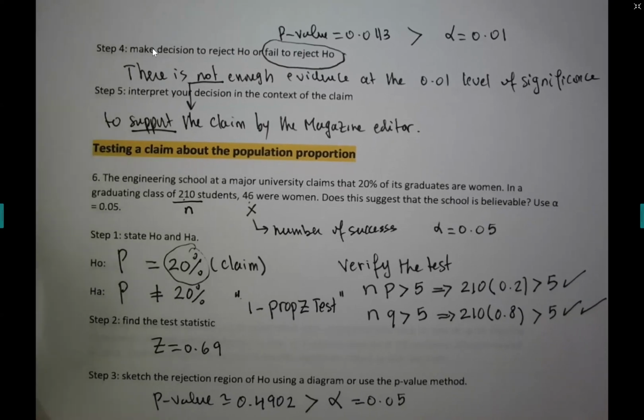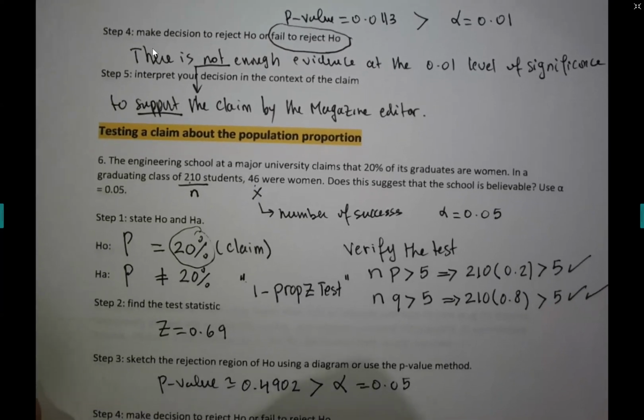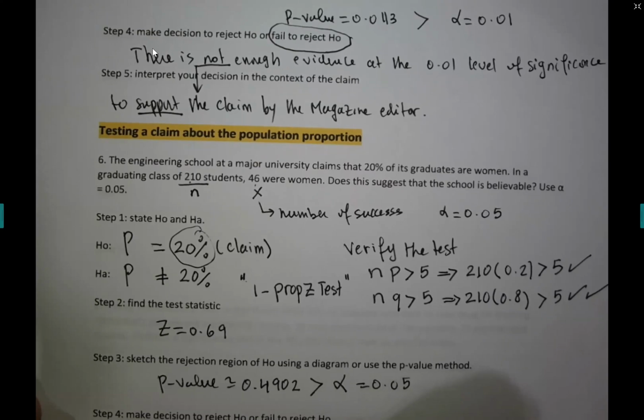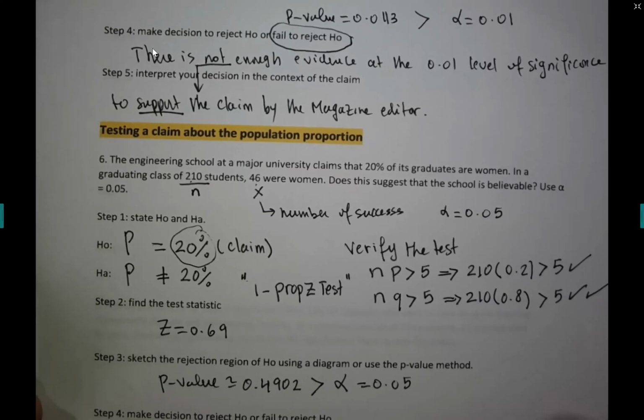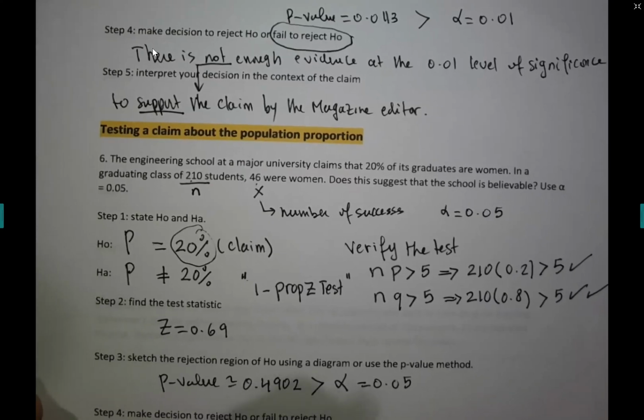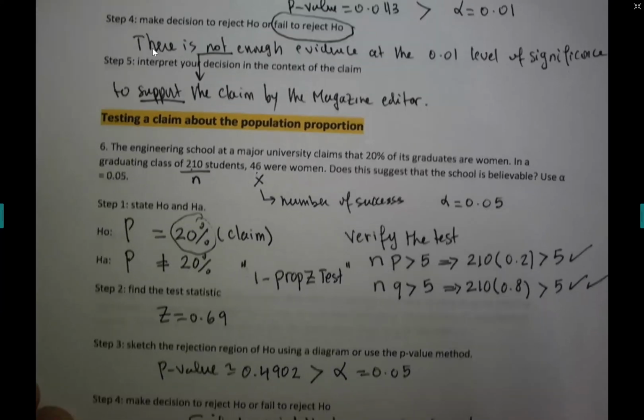Conclusion: interpret your decision in the context of the claim. This is for the reader. So you begin. There is not enough evidence at the 0.05 level of significance to, who can tell me what the word is going to be here?